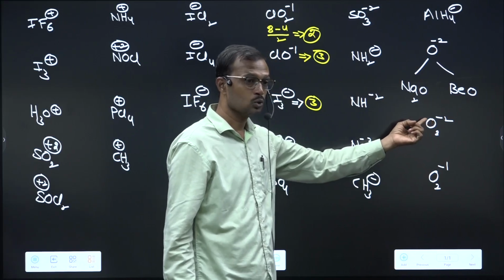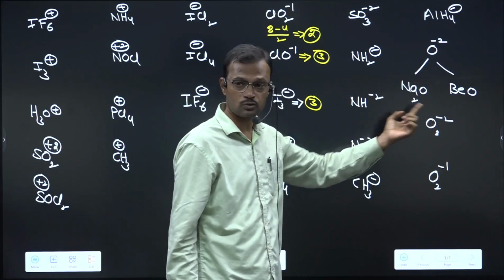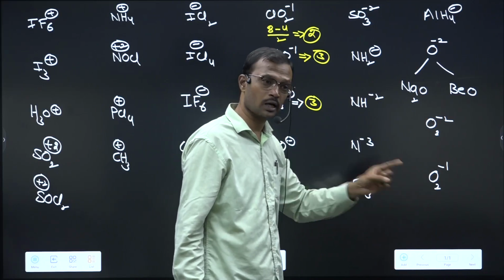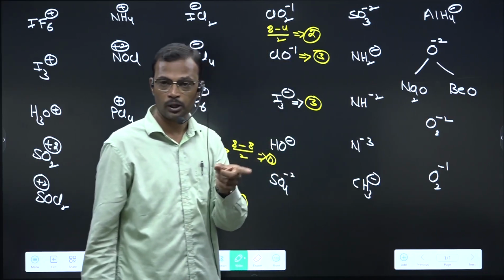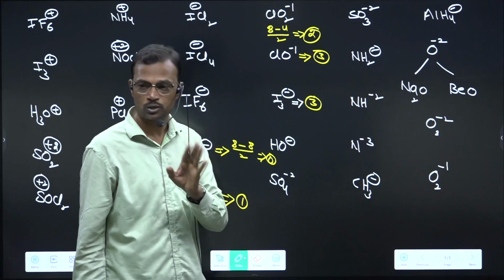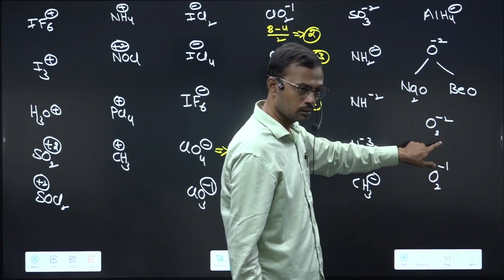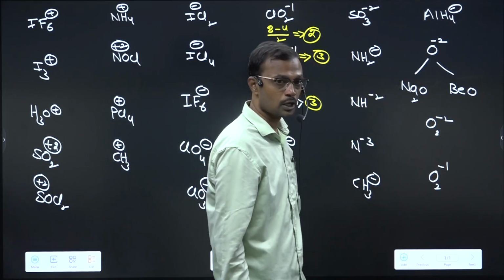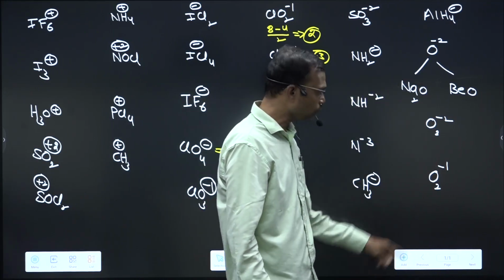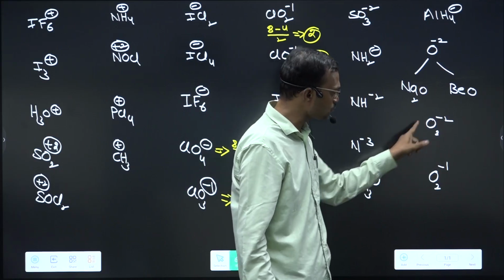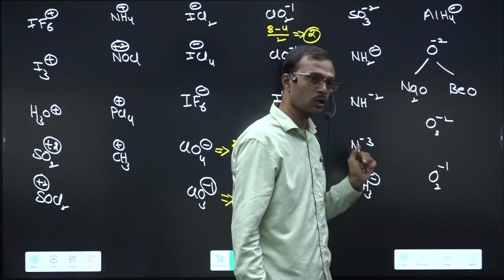Minus 2, so 2 oxygens carry minus 1, minus 1. Superoxide: 2 oxygens carry minus 1, means minus 1 by 2, minus 1 by 2. This is superoxide. This is peroxide. This is monoxide. What is hydrogen peroxide? H2, O2. H2, this 2 comes here. H2O2.